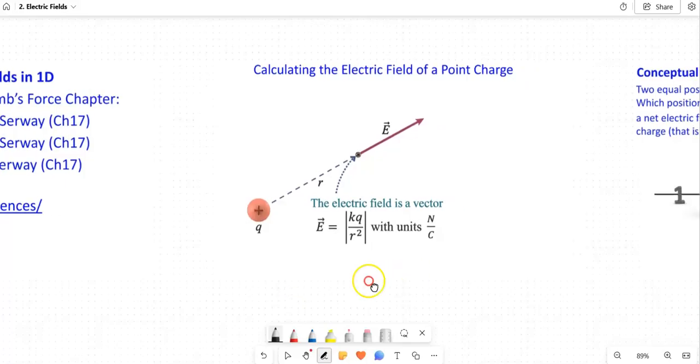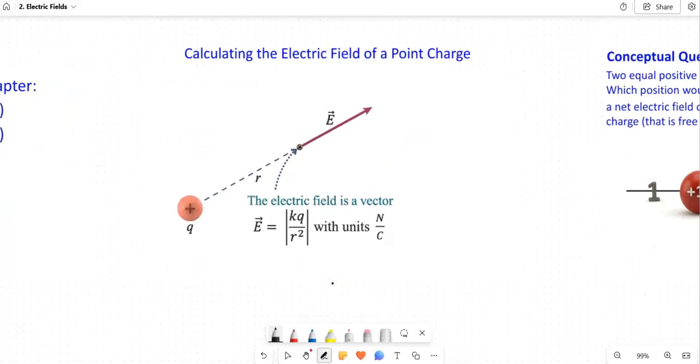All right, so just to remind you, we're going to be doing calculations of electric fields due to point charges. So again, you put a sensor here in outer space, not a charge, an electric field sensor, and you're detecting the electric field vector at this point.